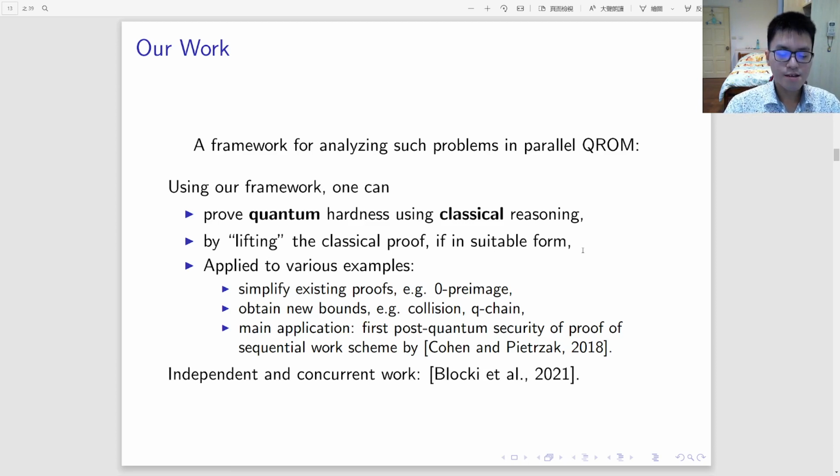And second, to understand their proof, a certain amount of quantum information science is required. In our work, assuming the framework is correct, verifying our post-quantum security proof for the PoSW scheme is just a matter of purely classical reasoning.